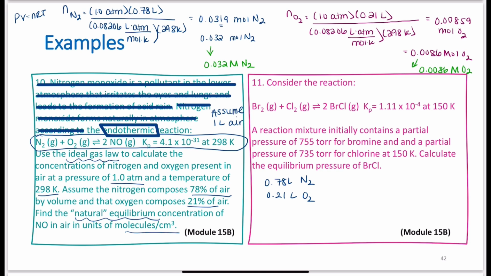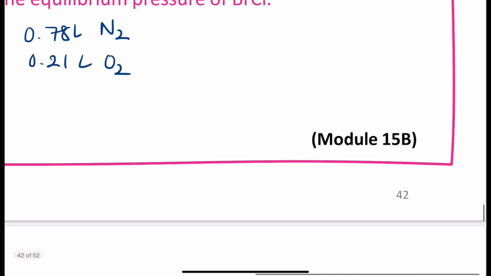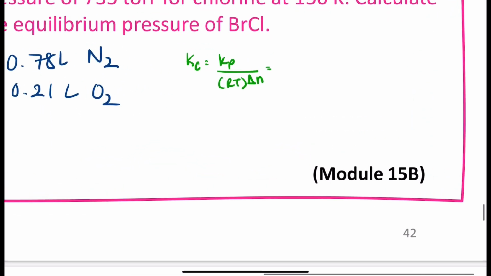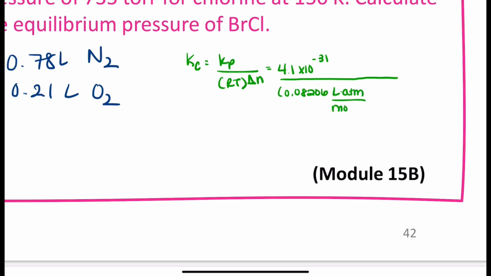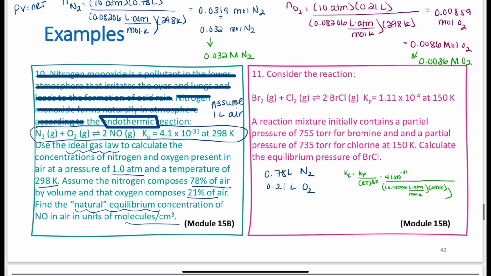I also was given Kp, but I'm going to need Kc because I want concentration in molecules per centimeter cubed. So I'm going to have to go through Kc. So I'm going to do that down here. Kc is equal to Kp over RT to the change in n. If we zoom back out, my Kp is 4.1 times 10 to the negative 31. Gas constant, 0.08206 liter atmosphere per mole K. Temperature we know is 298 K. And that whole thing is raised to the, let's see what power.